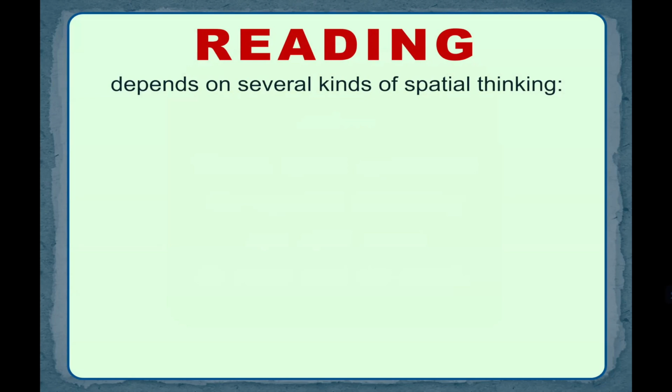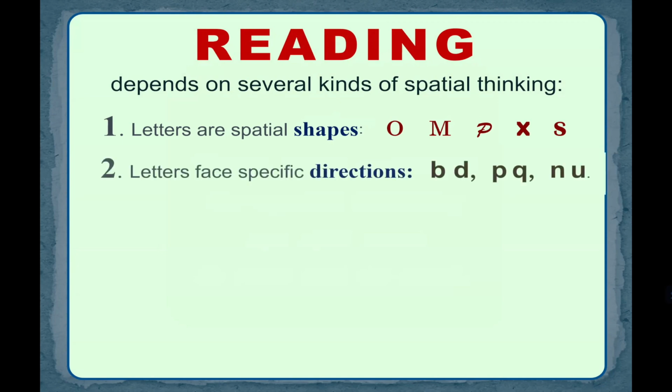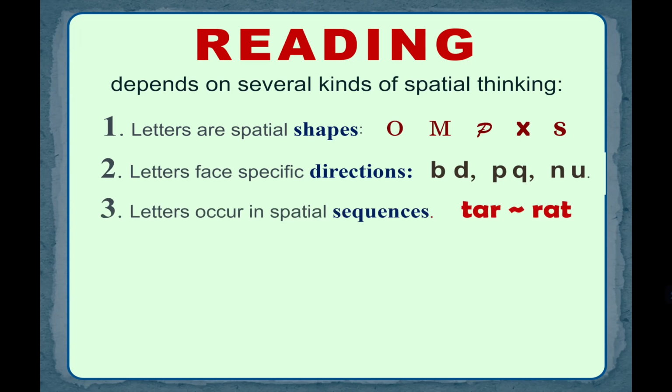And the websites that we showed you have a couple of posters that you can use. Reading depends on spatial thinking in a number of different ways. Letters are spatial shapes. They face particular directions. Letters occur in a spatial sequence.